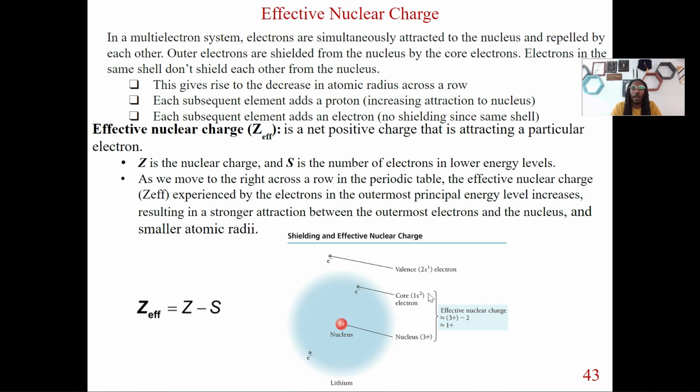When we do our actual effective nuclear charge, we can see that our Z, the nuclear charge, is +3, and our S, the number of electrons in the lower energy levels, so those are basically our core electrons, is 2. So 3 minus 2 gives me an effective nuclear charge of +1 here. So this is our effective nuclear charge.